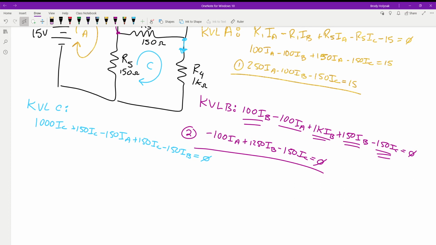Okay, so now we're going to combine everything together. We got our ICs, our IA, another IC, and an IB. So we end up with a negative 150 IA, a negative 150 IB, and then a 1000, a 150, and a 150 IC.